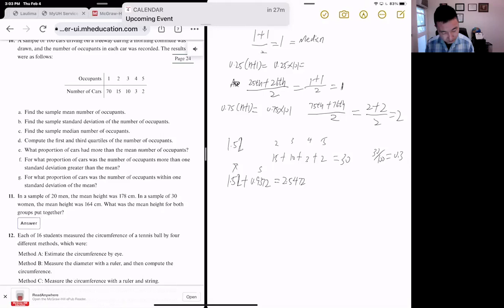How many have more than 2.5? Three occupants does count. So 10 cars have 3 occupants, 3 cars have 4 occupants, and 2 cars have 5 occupants. That is 15. So the proportion is 15 over 100, 0.15. Very straightforward.